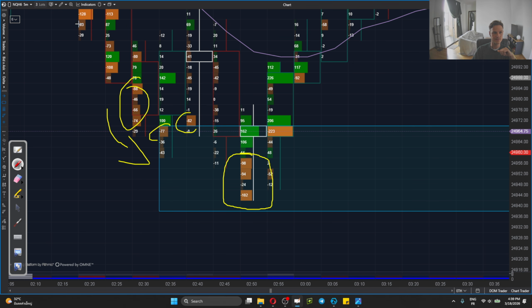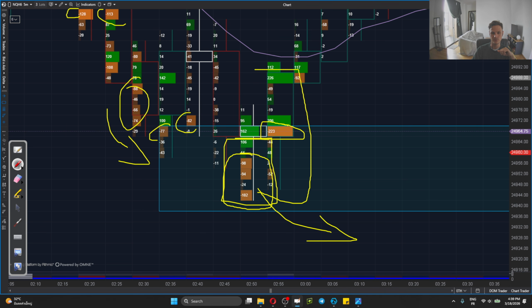We see a pretty high amount of sellers all stuck or trapped, I should say, within this wick, completely inefficient at driving price to the downside. And here as well, at the bottom of this bullish candle, we can see a huge amount of selling, negative delta here, minus 223, completely inefficient again at driving price to the downside.